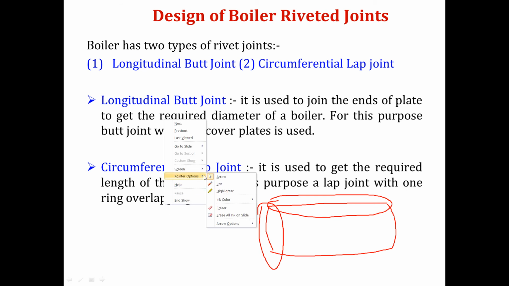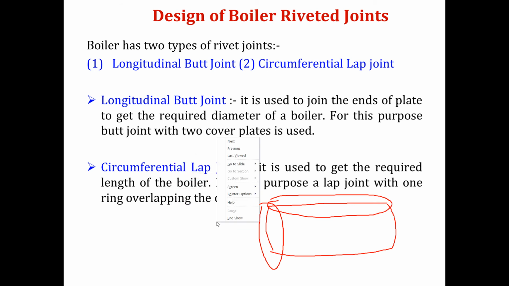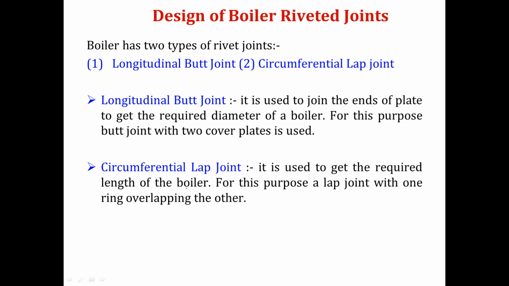Another type of rivet joint which we use in a boiler to get the desired shape is the circumferential lap joint. It is a joint used to get the required length of the boiler. For this purpose, a lap joint with one ring overlapping the other is used.